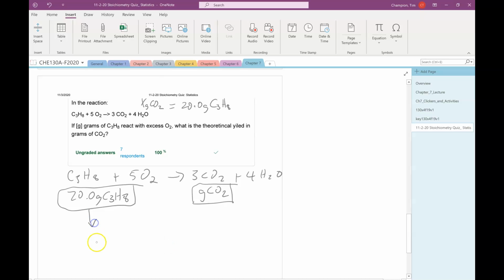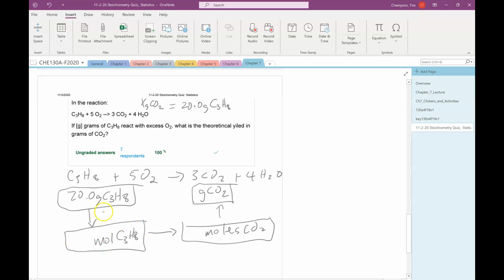We have to go to moles of C3H8, then to moles of CO2, and then we can go to grams of CO2. So there's basically a 3-step process, which I'll call A, B, and C. So we're going to wind up with 3 conversion factors corresponding to those 3 steps.